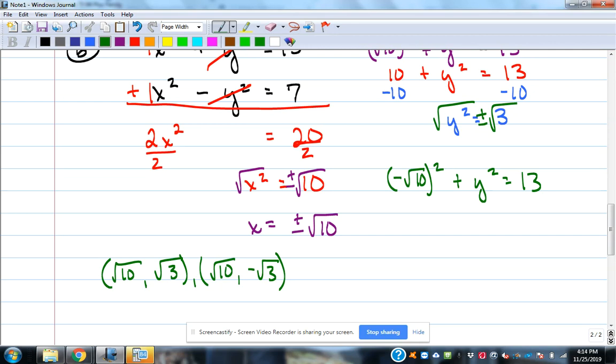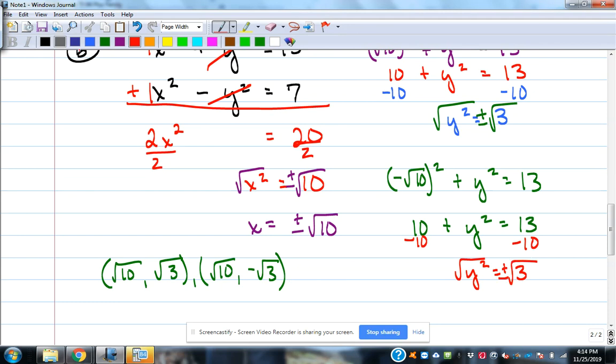So what happens when I square the negative square root of 10? Same thing. Cancels out. Negative times negative turns to positive 10. And looks like the same problem, but the x value that I used was different. So take the square roots.